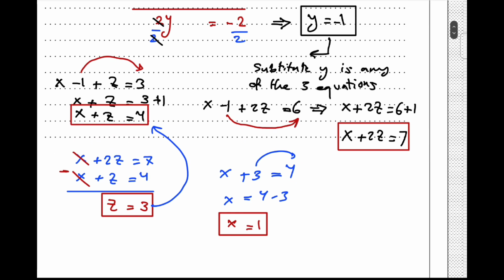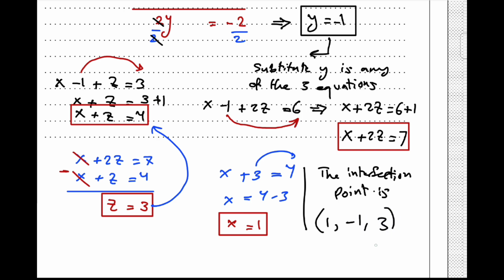So the intersection point of the three planes is given by 1, minus 1, and 3. That's it.